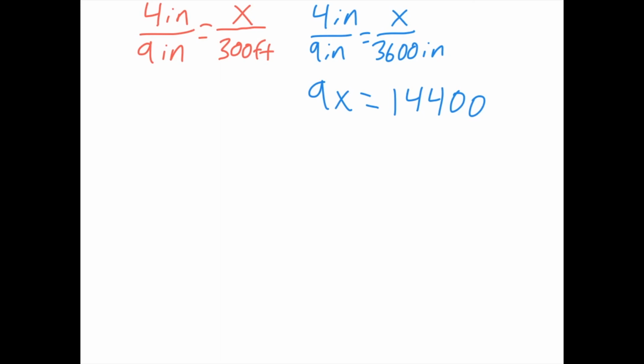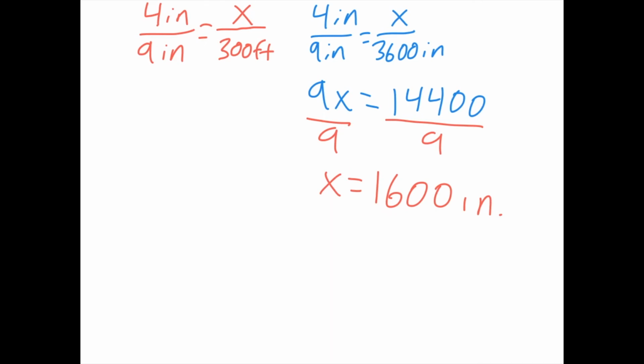So then to solve for x, we divide both sides by 9. And we'll get our final answer as x equals 1,600. And remember, we were in inches, so it's 1,600 inches.